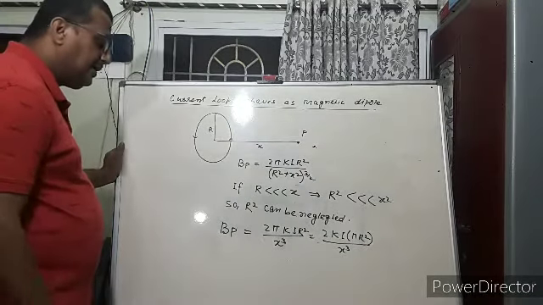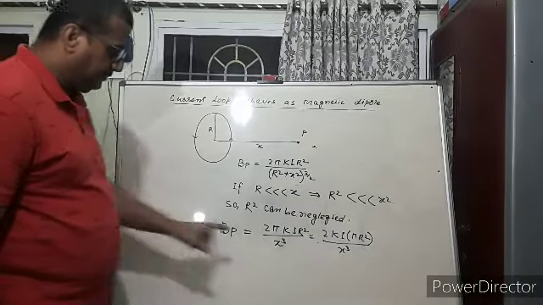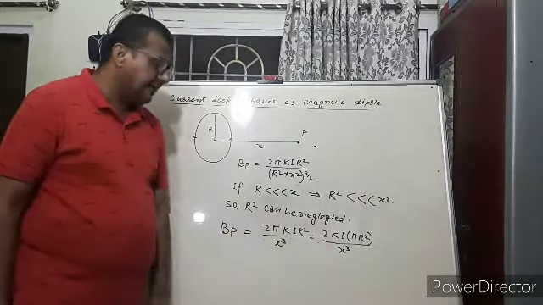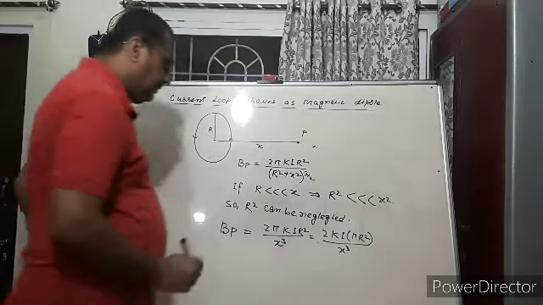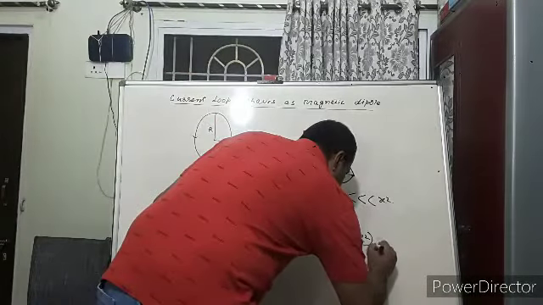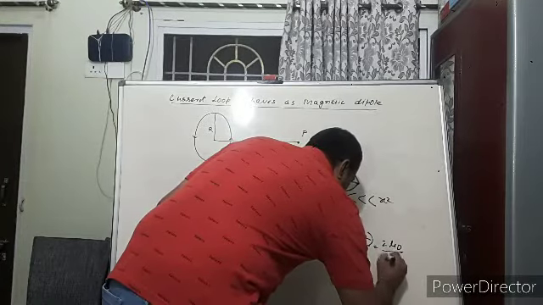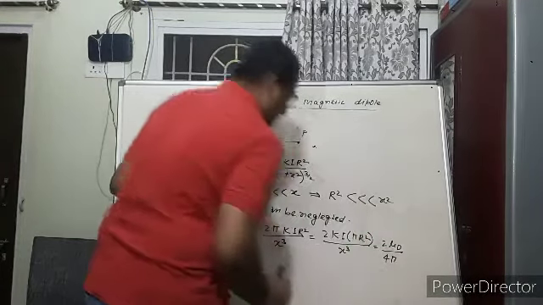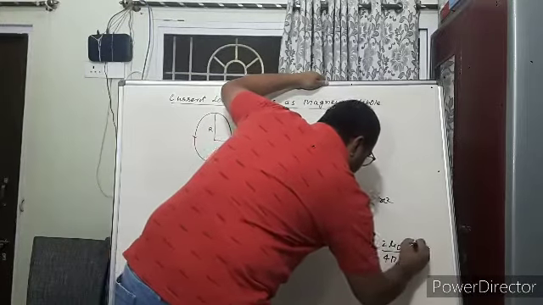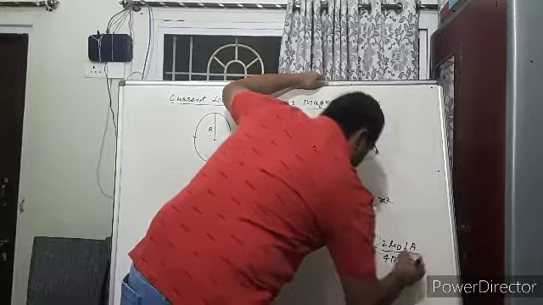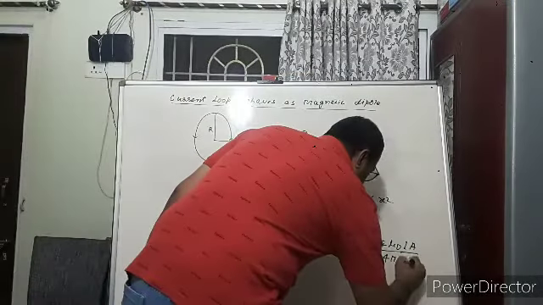In place of k, you know k equals mu naught by 4 pi. Then this can be written as 2 mu naught by 4 pi, I, and pi r square equal to area A, divided by x cube.